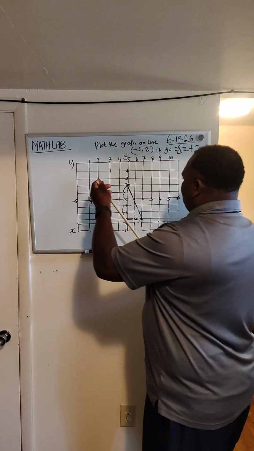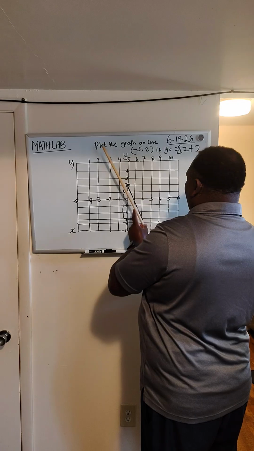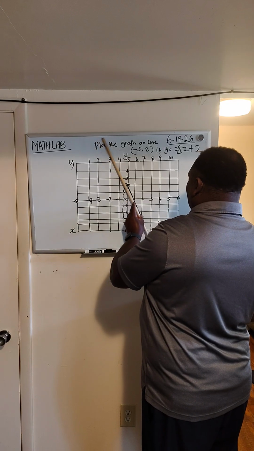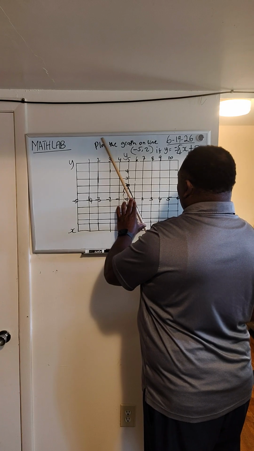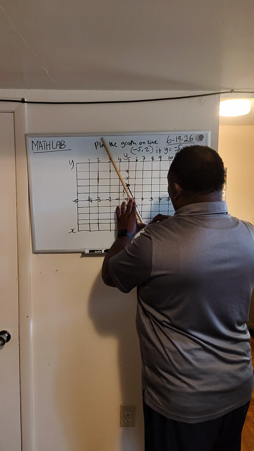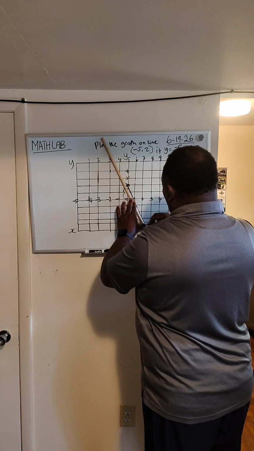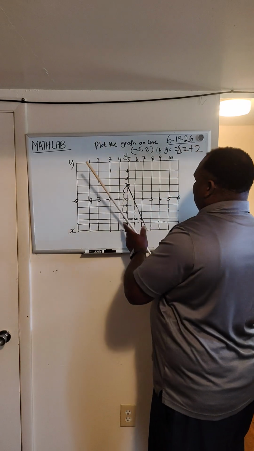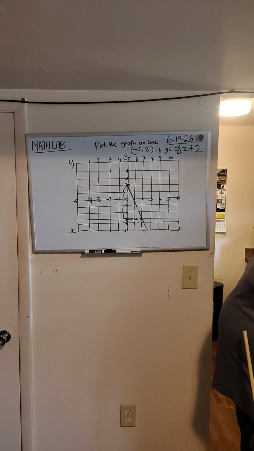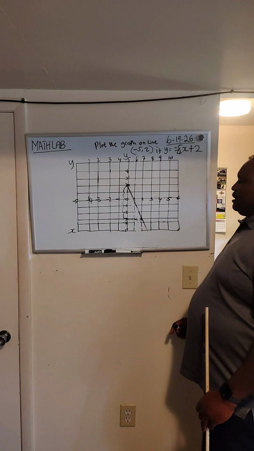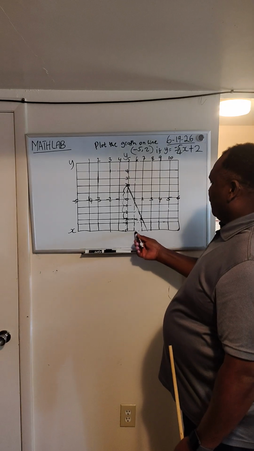So actually it has to come all the way to 5. So that means we count it. It has to pass through 5. Yes, it has to come through negative 5. Thank you. I had to look at it again. So it has to come through negative 5 right here.